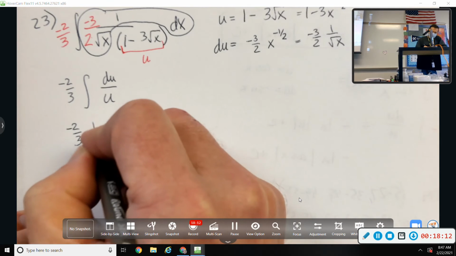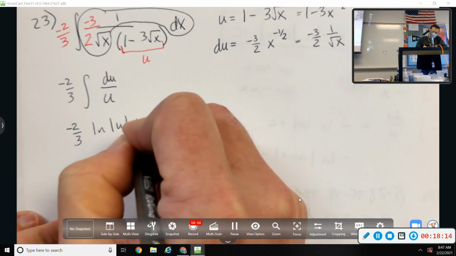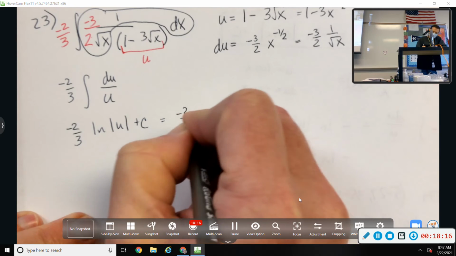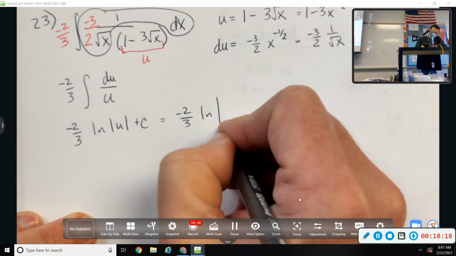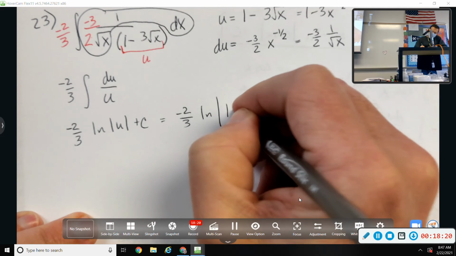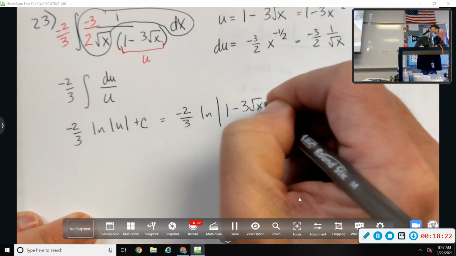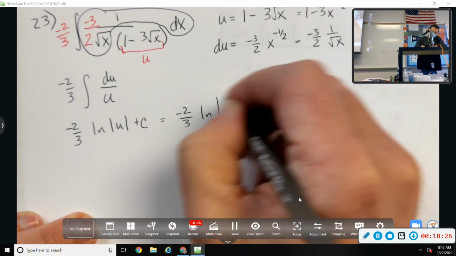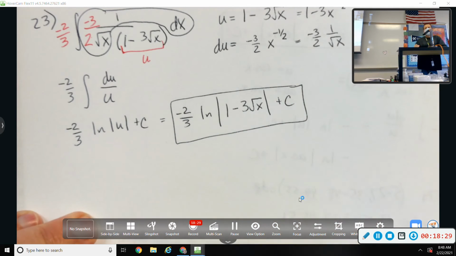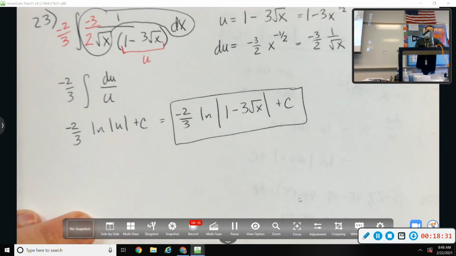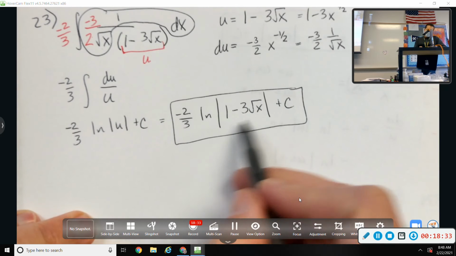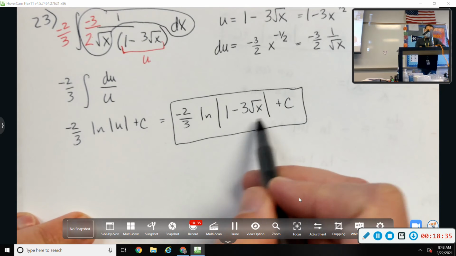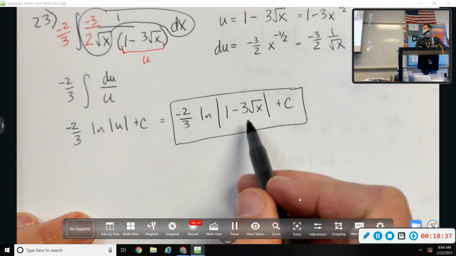Du over u is natural log of absolute value of u. So natural log of absolute value of 1 minus 3 square root of x plus c. And I think I do need the absolute value on there because 1 minus 3 square root of x could be a negative number.